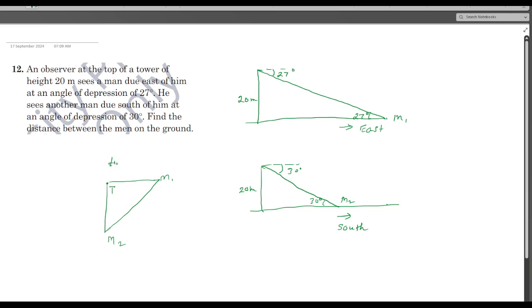This is the top view. Top view means when we look from the top, we will see something like this. This is the tower, man 1 and man 2, and these two are the front view, meaning from the front it looks like this.